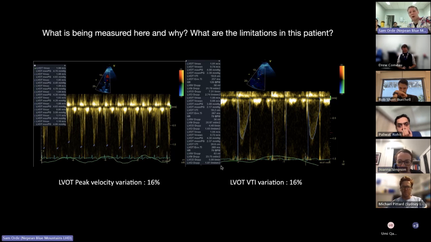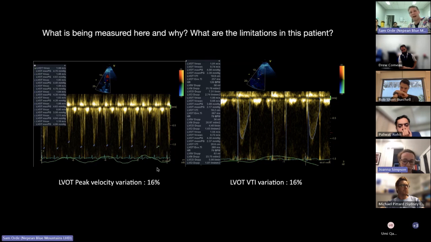So why have we got the respiratory pattern in here? You mentioned the respiratory changes with it. So we're talking about the variation between the peak velocities in the LVOT. Why do we measure that? Because when you breathe in, you improve preload to the right side and reduce preload to the left side because of the movement of the intraventricular septum due to the pressure of the RV. Absolutely.